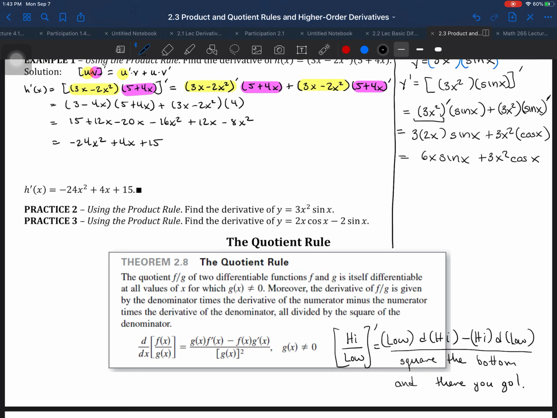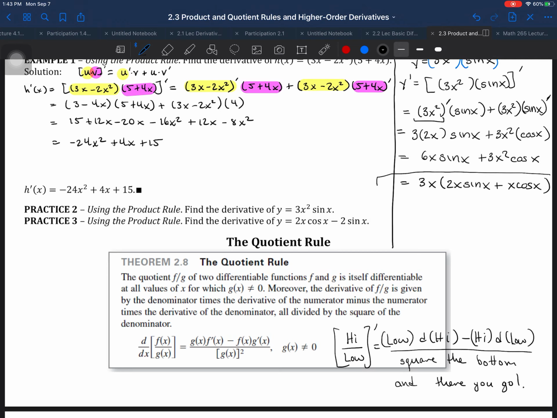Now this is technically the answer. This is now the derivative of y, but I could factor out a 3x if I want to, and I'll do that as an alternative, just for us to get used to factoring. So we're going to get 3x times the quantity 2 sine of x plus x cosine of x. And so there you go.